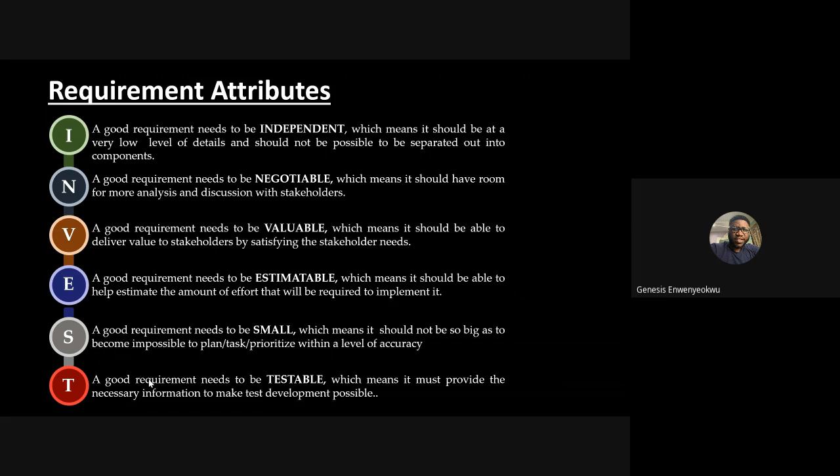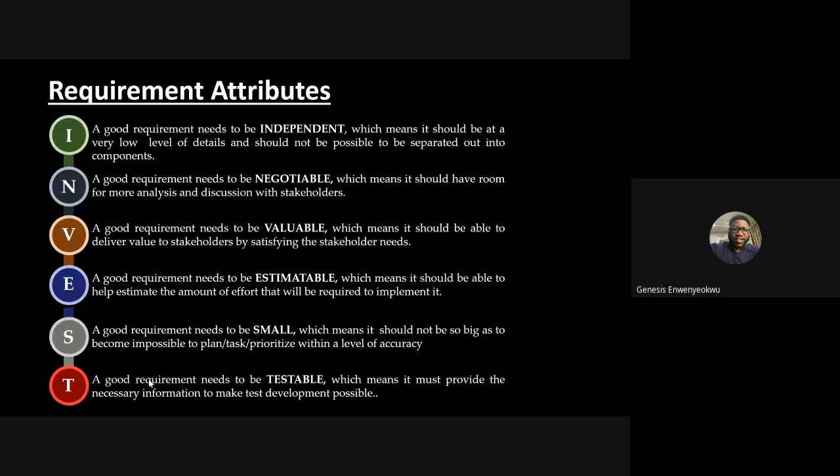And the last one is that your user story should be testable, which means you should be able to come up with acceptance criteria that can be used to validate the functionality, or should I say the usability of that particular user story. So testers or QAs should be able to test your user stories to see that it is well implemented. So it should be testable.